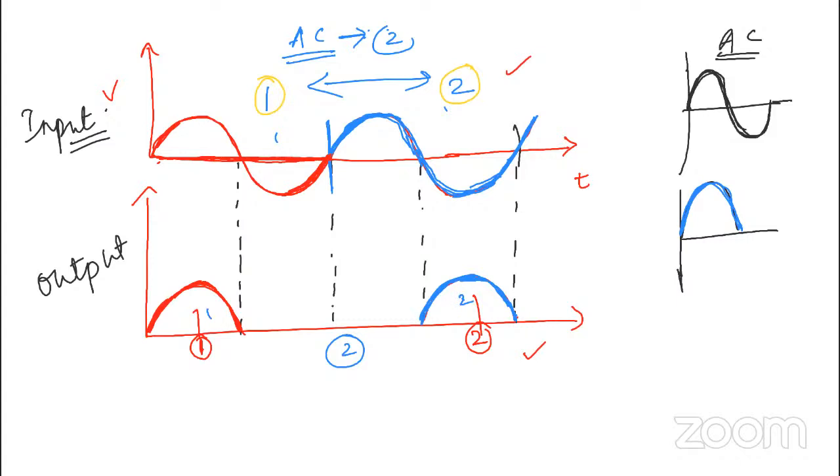So we write it as input frequency is equal to output frequency. Right? So in a half wave rectifier, what is the beauty? The input frequency is equivalent to the output frequency. Okay, so that is the next point.